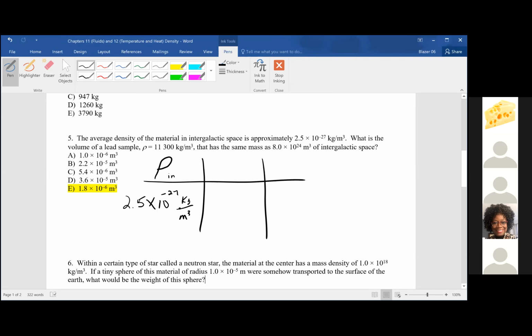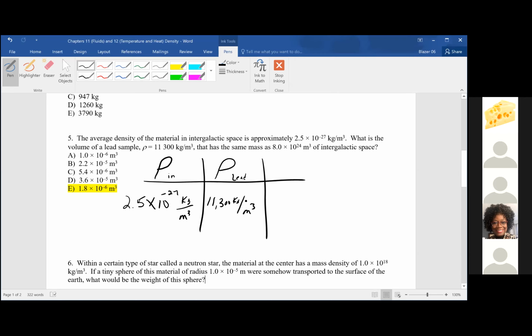What is the volume of a lead sample? So they gave us the density for the lead sample, and they said that that is 11,300 kilograms per meter cube.